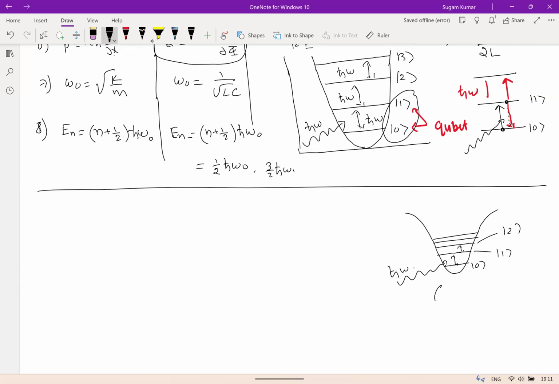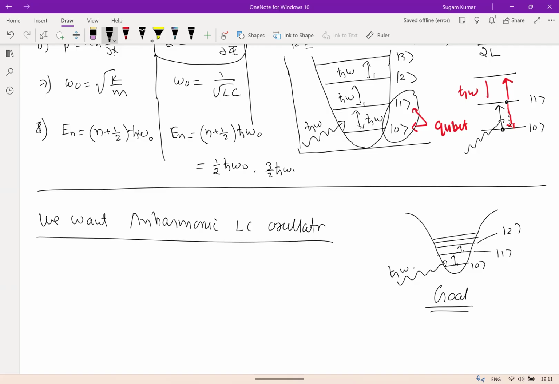That is the goal. This is what we want. We want an anharmonic oscillator, not a harmonic LC oscillator. Is this clear up till here?